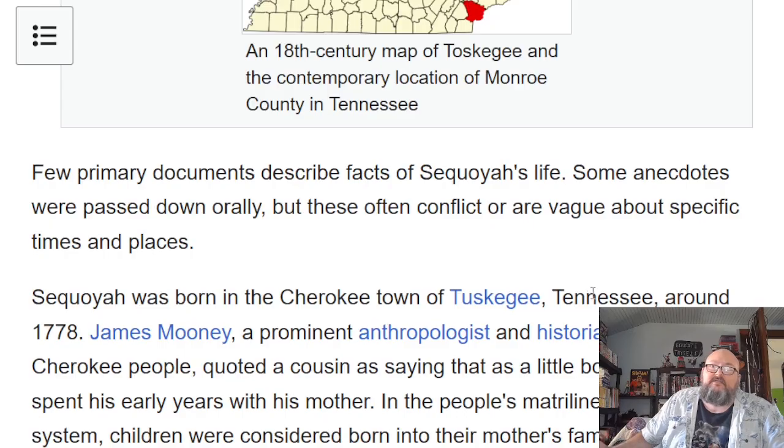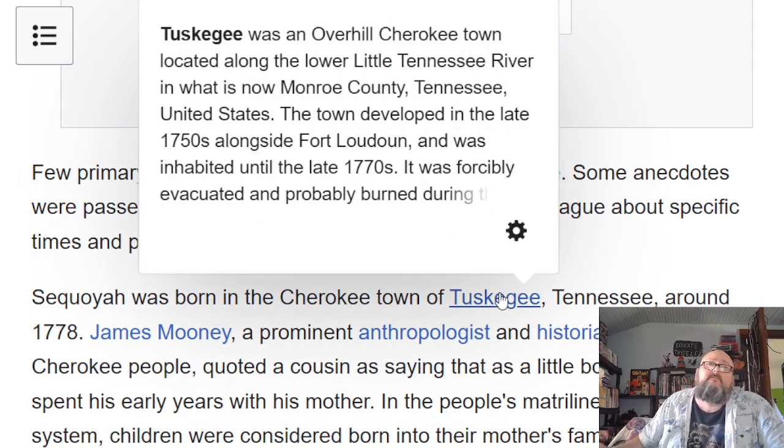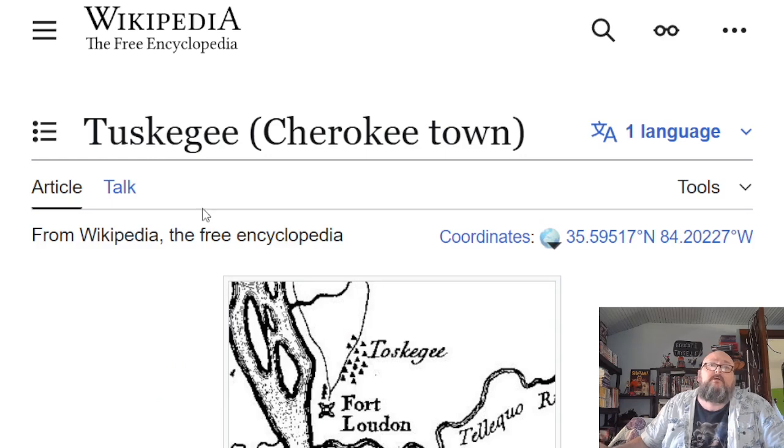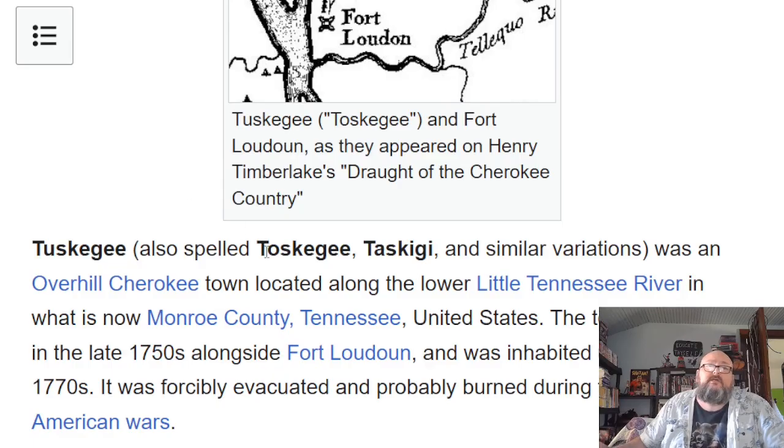Now, see, in Britannica it said Tuskegee, Tennessee. But yeah, Tuskegee was an Overhill Cherokee town located on the lower Little Tennessee River in what is now Monroe County, Tennessee. It developed in the late 1750s alongside Fort Loudoun and was inhabited until the late 1770s when it was forcibly evacuated and probably, let's see what this says, because that's kind of interesting, and forcibly burned during the Cherokee American Wars.